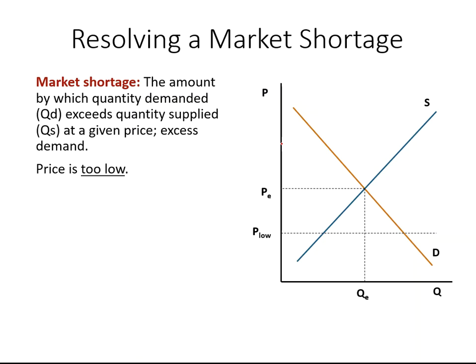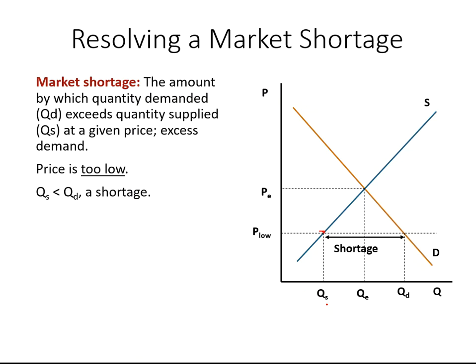Let's find the shortage using the chart. Since a low price causes the shortage, let's define a price called P low, which is under the equilibrium price, PE. At P low, the intersection with the supply curve gives this point, and the corresponding horizontal value is QS.